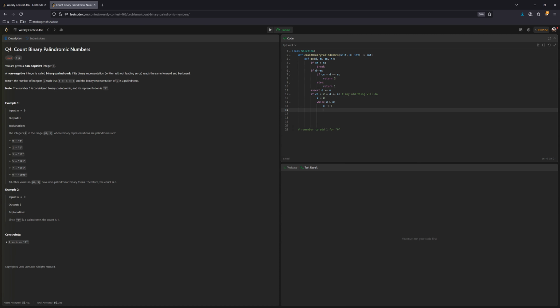So x plus equals 1, and then D and M, okay. All right, now I'm trying to think, is even versus odd going to be a problem here? And I don't think it is.